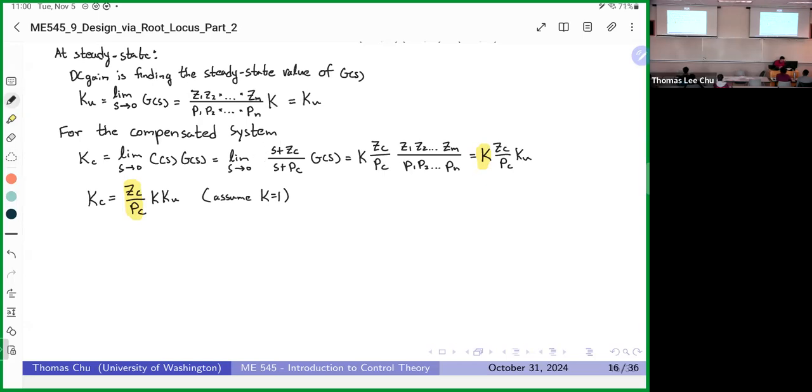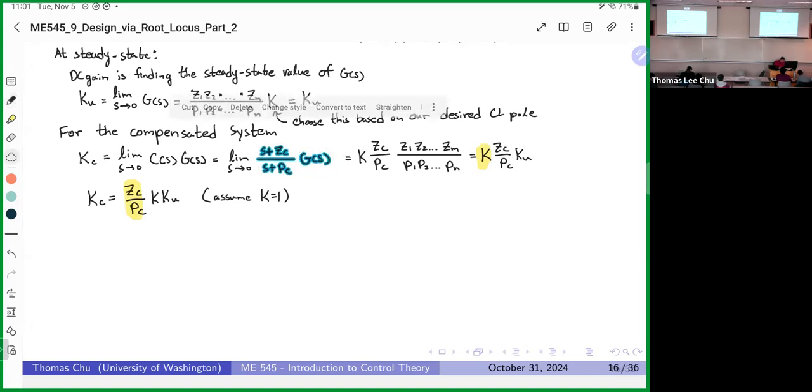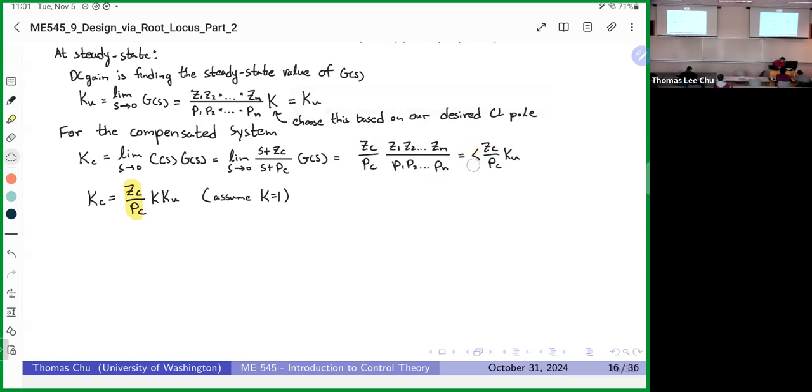The reason I did that is because we choose this K based on our root locus, our desired closed loop pole location. And then we just keep that value. It just stays there, so we don't actually change it. So this would be a better definition. Let's take that out.